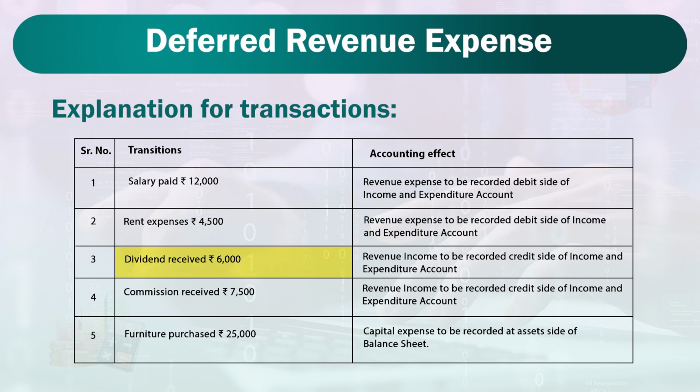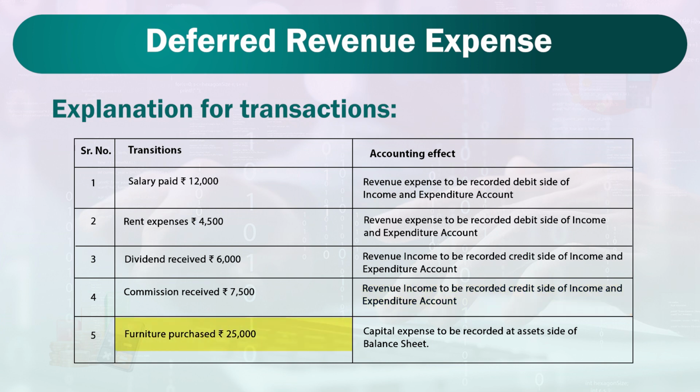Dividend received rupees 6,000. The effect would be revenue income to be recorded credit side of income and expenditure account. 4. Commission received rupees 7,500. The effect would be that revenue income to be recorded credit side of income and expenditure account.